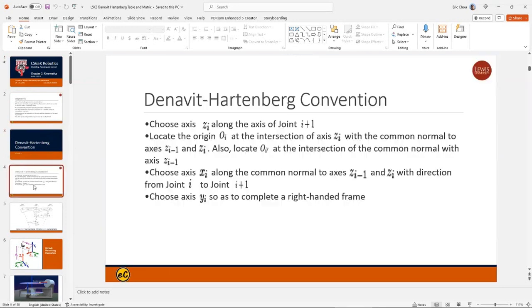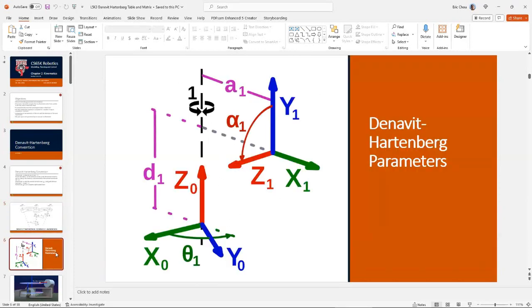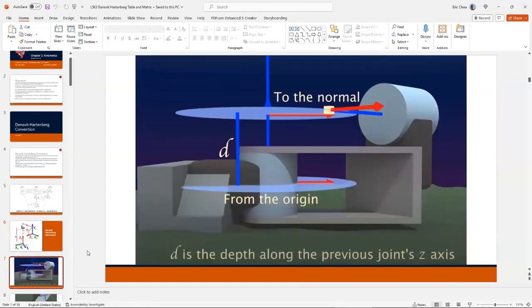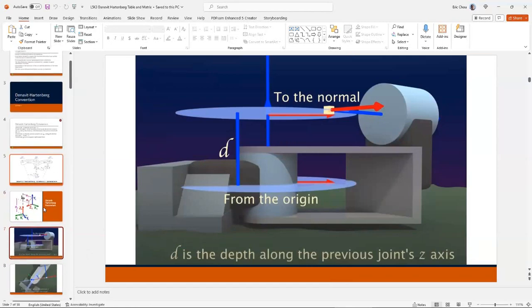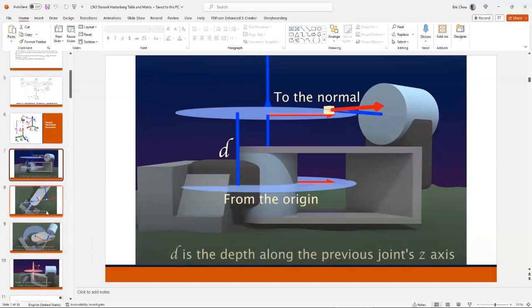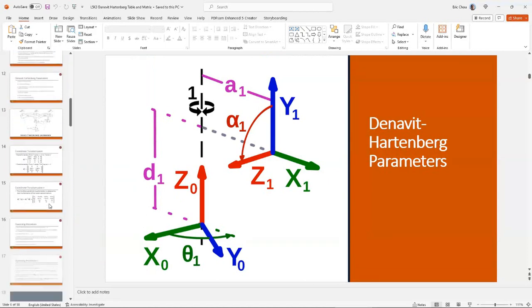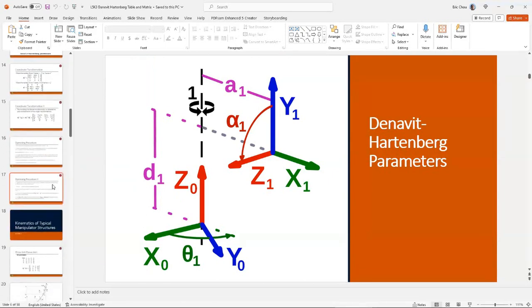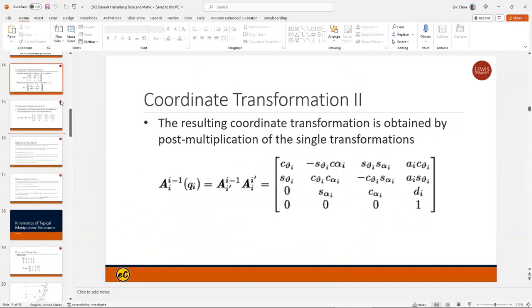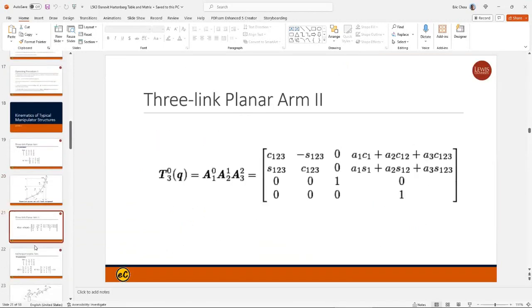So basically this chapter is like that. The Denavit-Hartenberg numbers are very complicated. If you look at the textbook, it's very complicated, but basically there are 4 parameters: a, d, alpha, and theta. If we look at this textbook's equations, they are very, very complicated.